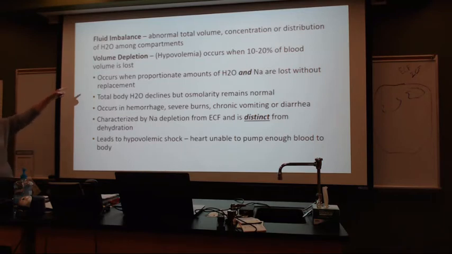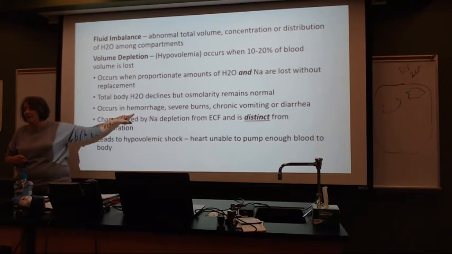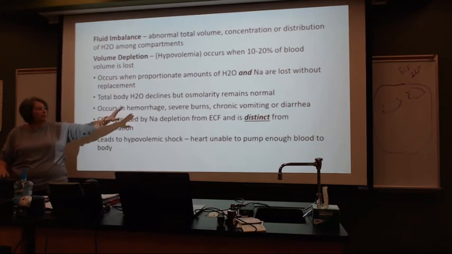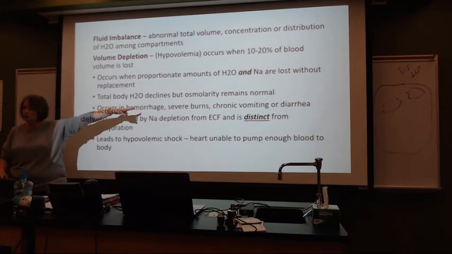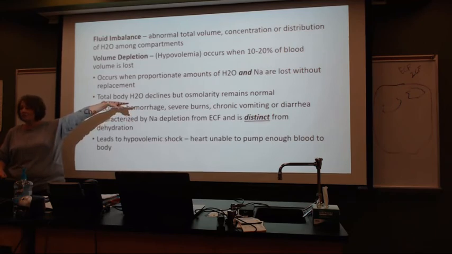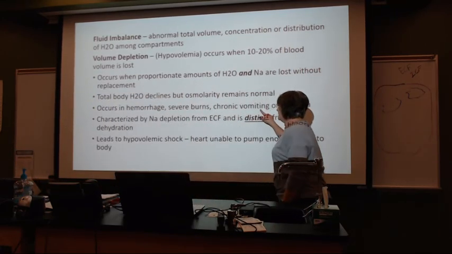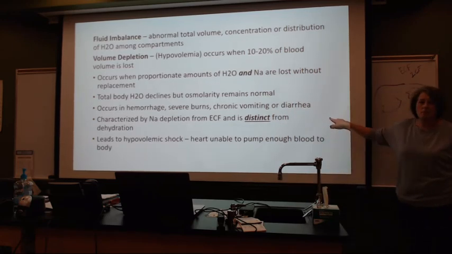In hypovolemia, about 10 to 20% of the blood volume has been lost. It can basically occur in times of a hemorrhage, wound, severe burns, people who are going to have second and third degree burns most likely, chronic vomiting, or diarrhea.